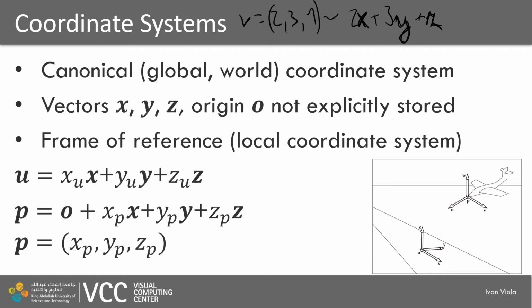If we are talking about points, we can define the points similarly as 2, 3, 1. And this will mean that we are performing an offset from the origin.